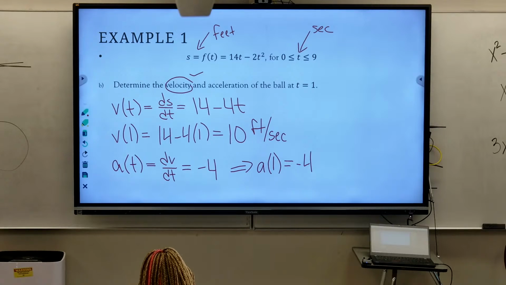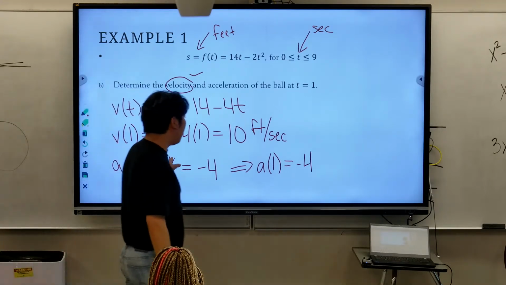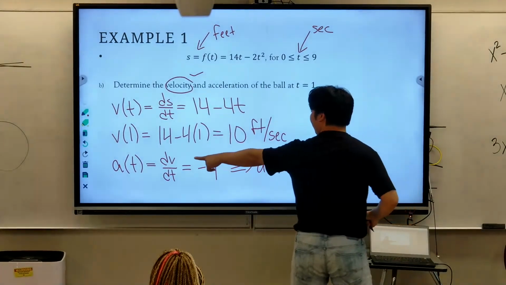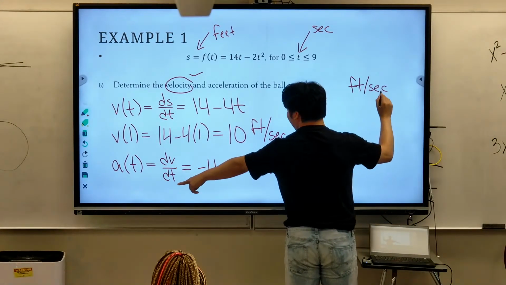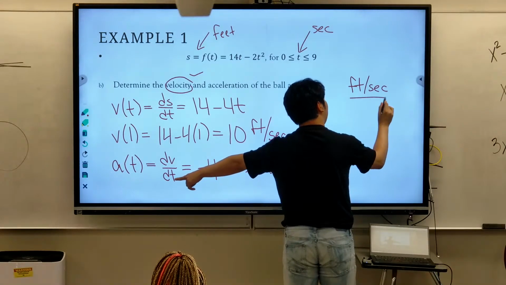Now I have to figure out what the unit of measurement is for acceleration. So to get this, what was velocity measured in again? Feet per second, right? What is time measured in? Seconds.